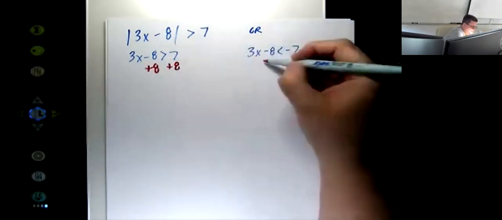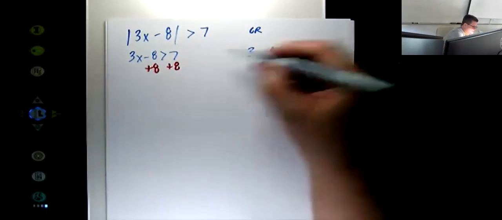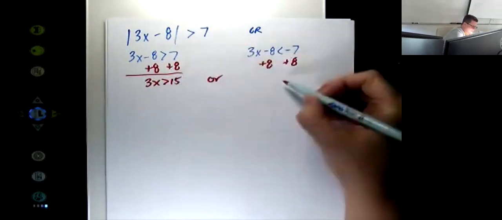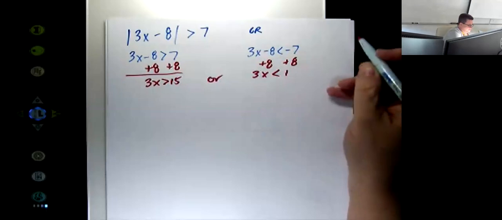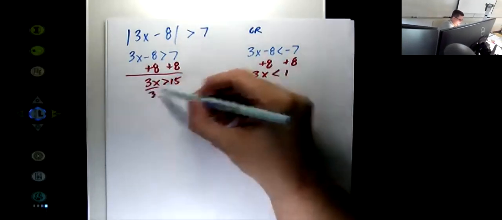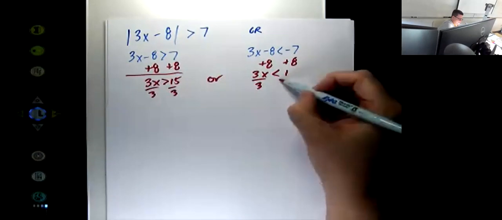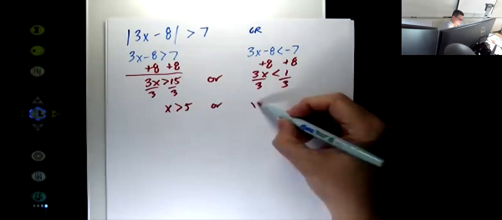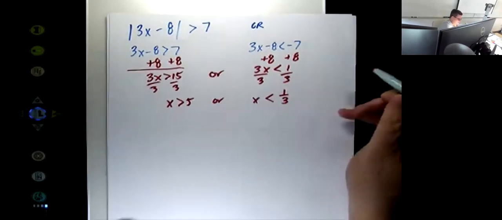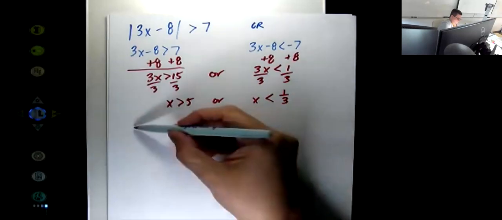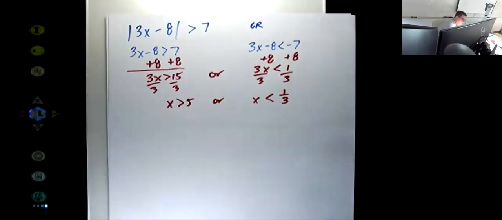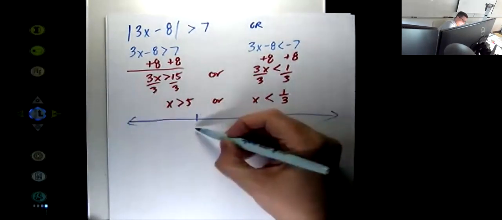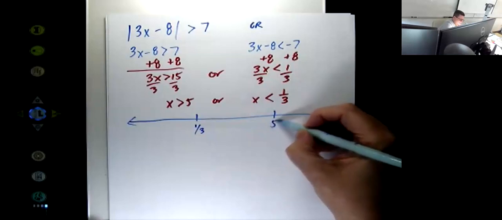So I'll add 8 to both sides on each of them. Get 3x is greater than 15, or 3x is less than 1. Divide by 3. I get x is greater than 5, or x is less than 1/3. On a number line, 1/3 is close to 0, 5 is definitely a lot higher than that.